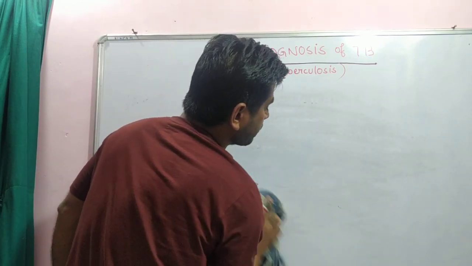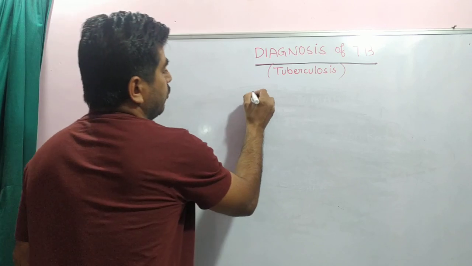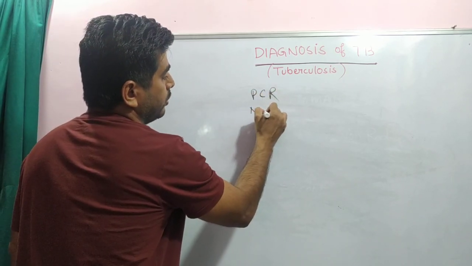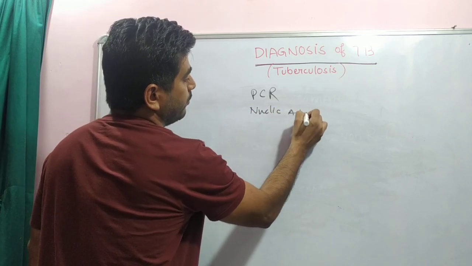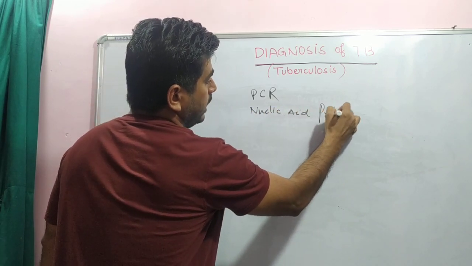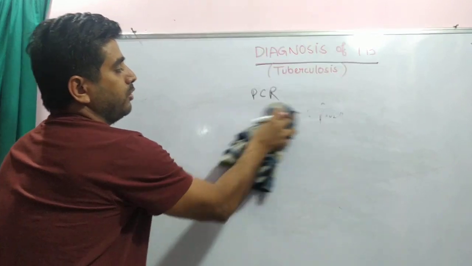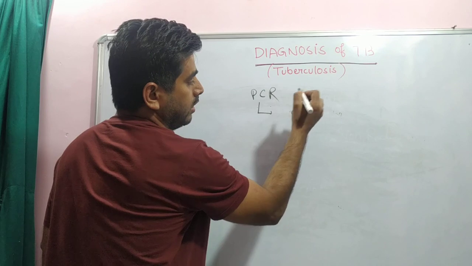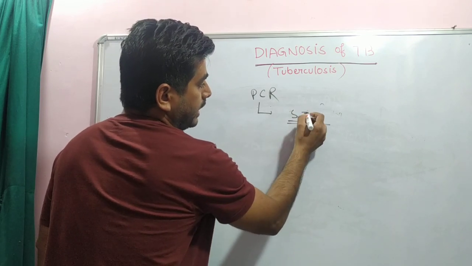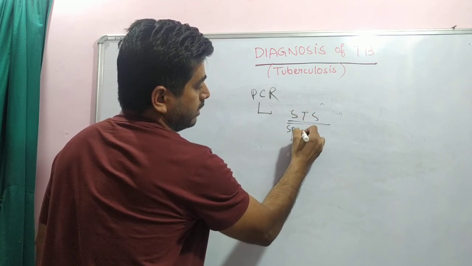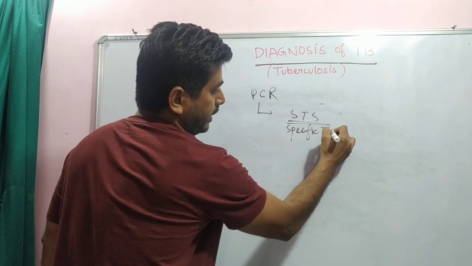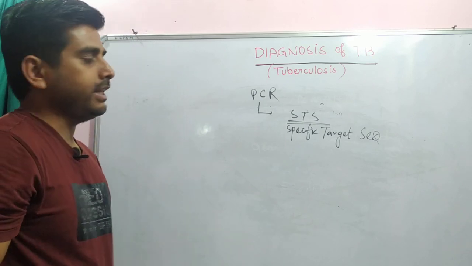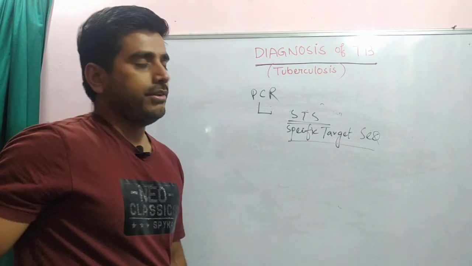And most importantly, we can go for PCR and the nucleic acid probe. In PCR, we all know what we do. We identify the specific target sequence so that we can identify the organism.